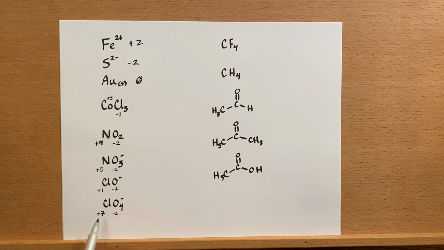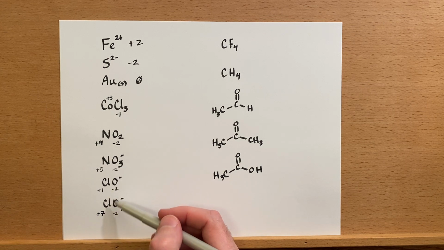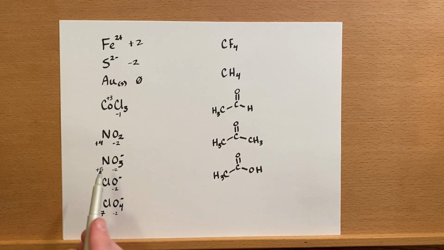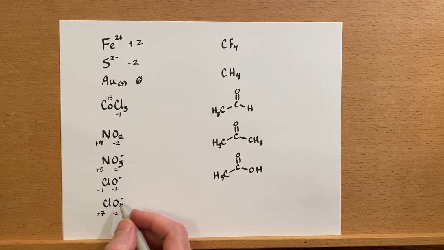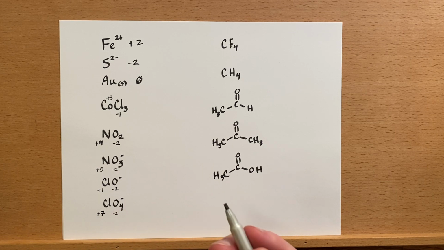And you can notice that when I increase the amount of oxygen in these compounds, the oxidation number of the other, the nitrogen here or the chlorine, went up. And as you should expect, increasing the amount of oxygen on there will cause this to be oxidized. Imagine that.